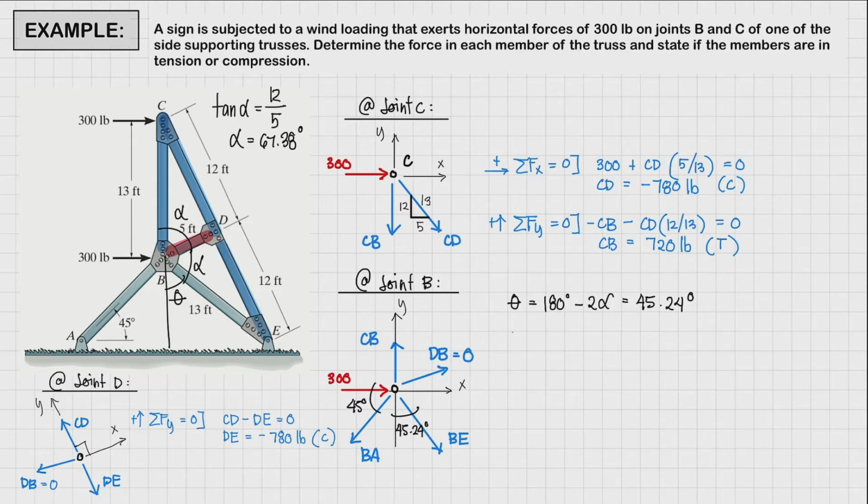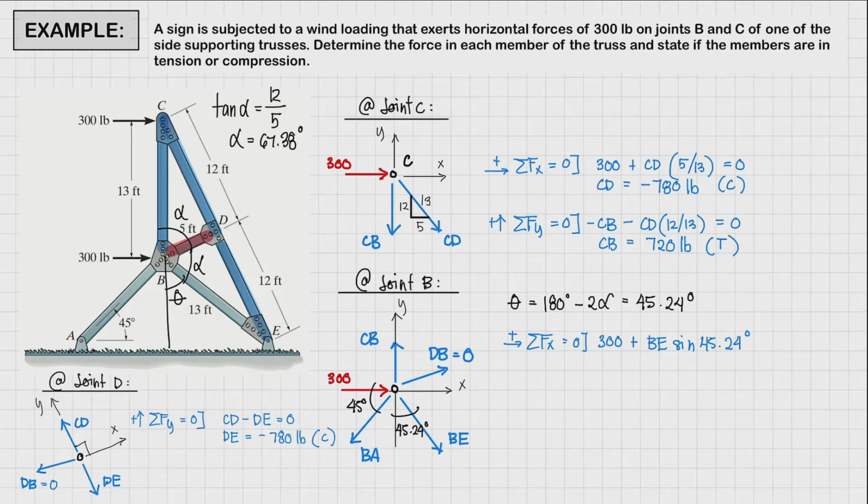All right. So we can now proceed in the application of our equations of equilibrium. So let's start with the summation of forces along the x-axis, assuming a positive direction towards the right side. And this should be equal to 0 for equilibrium. All right, so first one, we have 300 acting towards the right side, so that's going to be positive. And then we have the horizontal component of force BE acting towards the right, so that's going to be positive. So we have here positive BE sine 45.24 degrees.